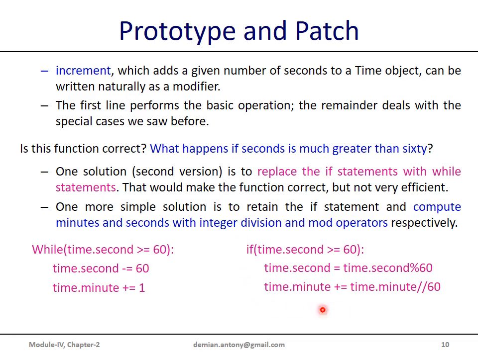Let us understand the code for the seconds. If time.second is greater than or equal to 60, what we have to do is take the remainder after division by 60, that is mod 60. That becomes the new seconds, and we increment the minutes by the integer division value, which is nothing but the number of minutes.